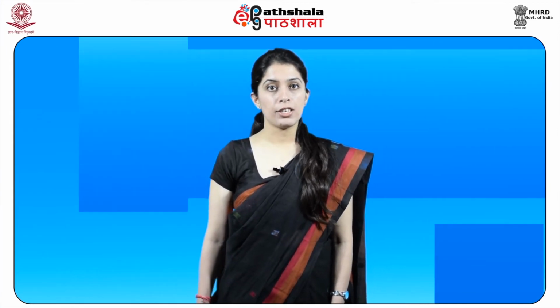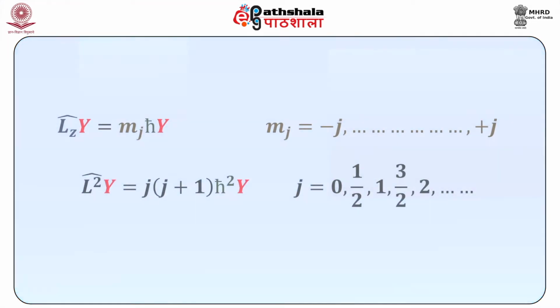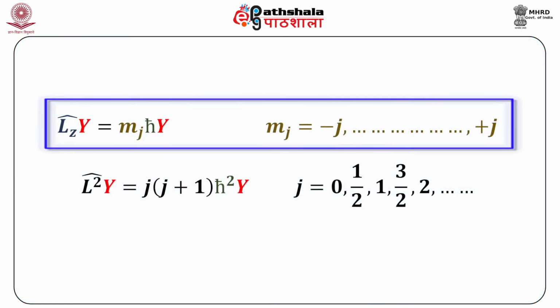Now, using this commutation relation, we derived the eigenvalues via ladder operators in our previous module for Lz and L square components of angular momentum. The eigenvalue equation for Lz is of the form Lz psi equals mj h cross psi, where mj can take up values from minus j to plus j.